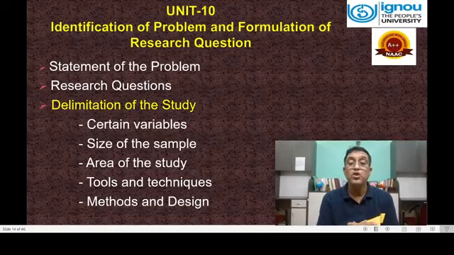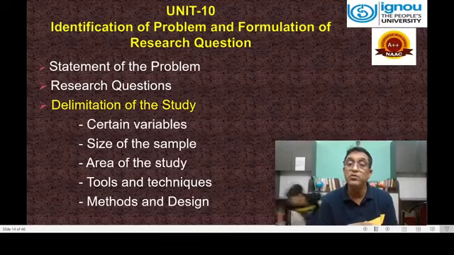Then further, tools and techniques for conducting the study. For collecting data, many tools you can use. You can use a questionnaire, you can use an interview schedule, you can also use observation as a technique for collecting data.